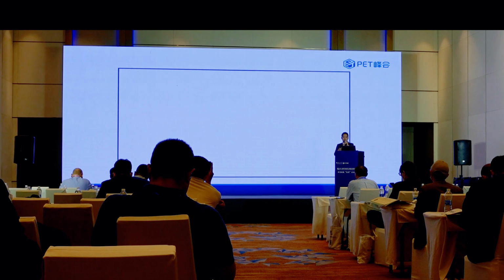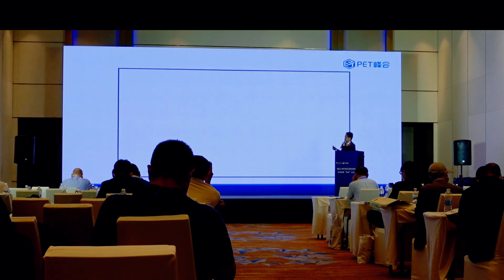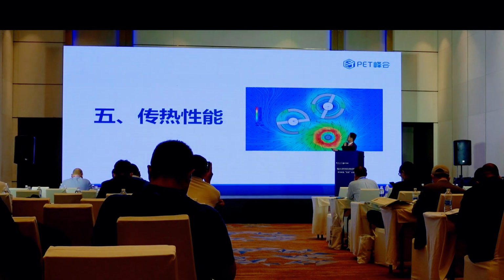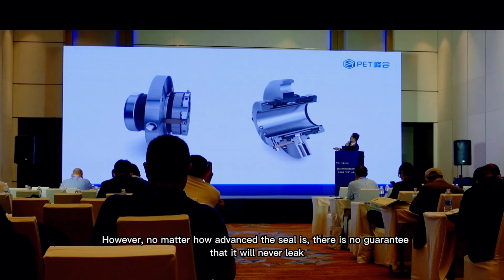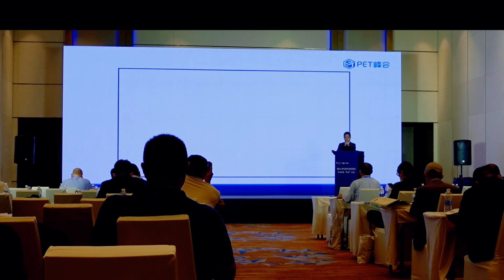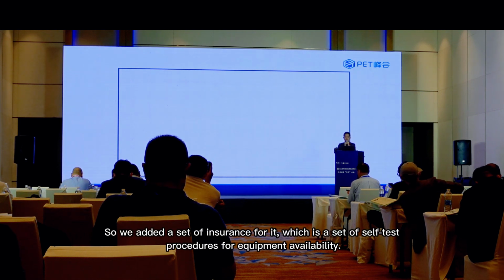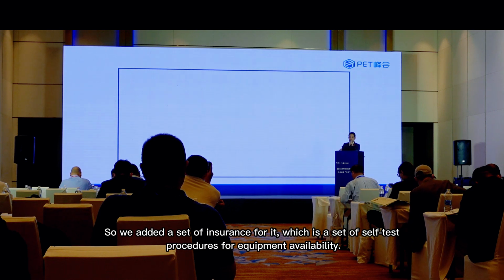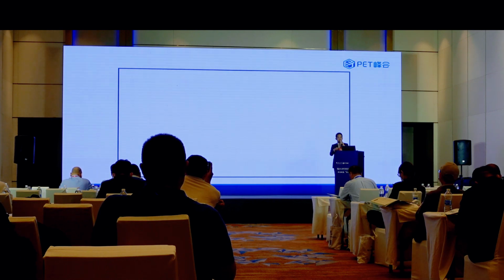However, no matter how advanced the seal is, there is no guarantee that it will never leak. So we added a set of insurance for it, which is a set of self-test procedures for equipment availability.